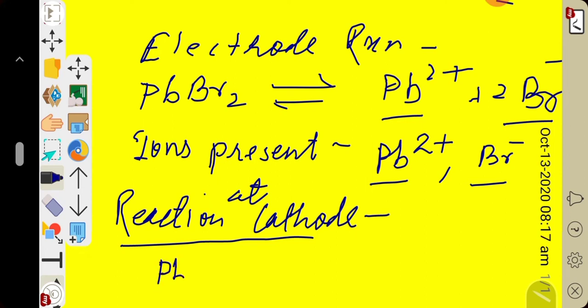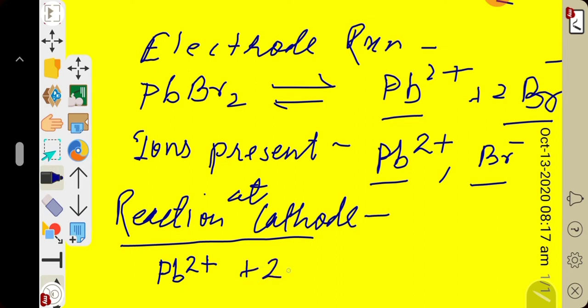Pb2+ is electron deficient and the cathode is an electron-rich electrode. So here the cathode will provide 2 electrons to Pb2+ so that it can become neutral.